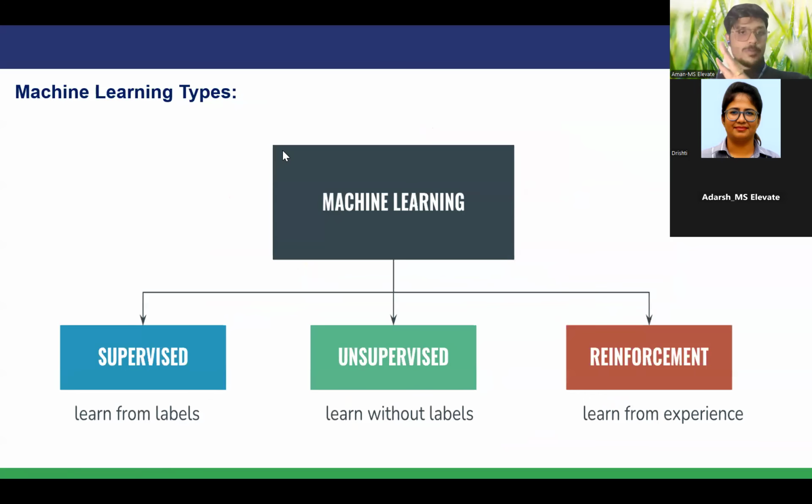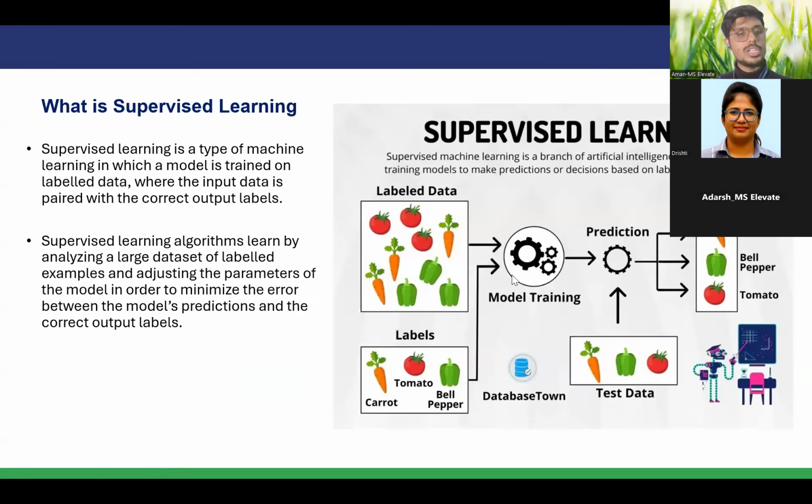There are three types of machine learning. First, supervised. Second, unsupervised. Third, reinforcement. Supervised machine learning is all about just like how you understand mathematics. How do you learn mathematics? First, your teacher makes you learn through examples.